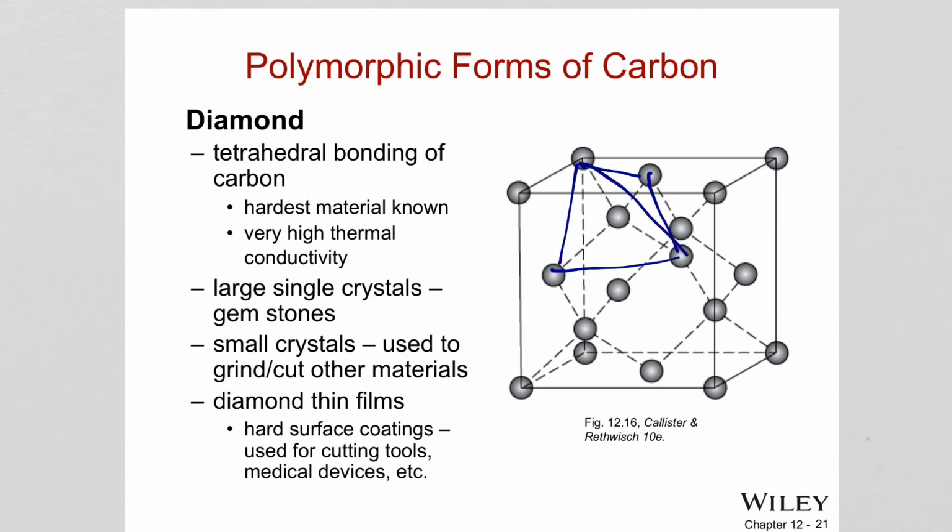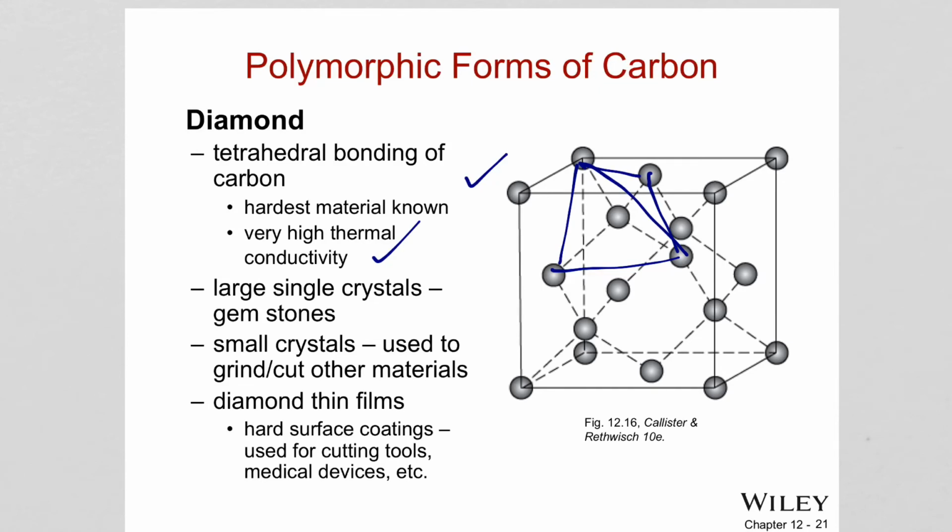So carbon in that case is bonded in a tetrahedron configuration again, as you can see. This type of bonding of carbon will provide us a diamond structure, and diamond is known as the hardest material that is available to us. It also has very high thermal conductivity. It doesn't have good electrical conductivity, but it has a high thermal conductivity.